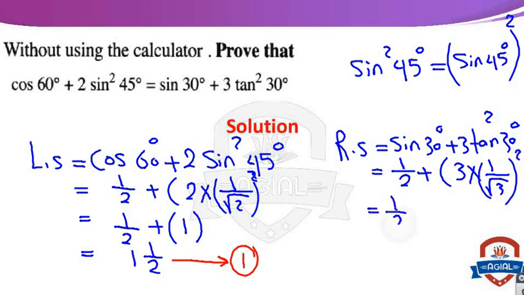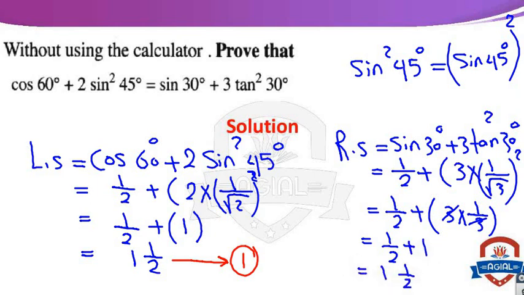Equals half plus 3 times 1 over 3. 3 cancels with 3, equals half plus 1, equals 1 and half. Number 2. From 1 and 2, left side equals right side, 1.5. Then cosine 60 plus 2 sine square 45 equals sine 30 plus 3 tan square 30.